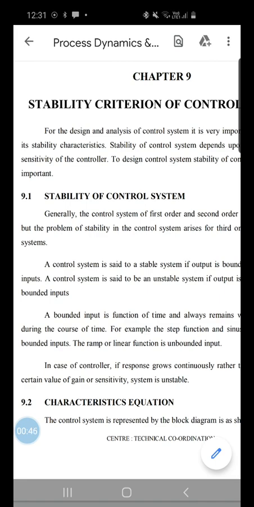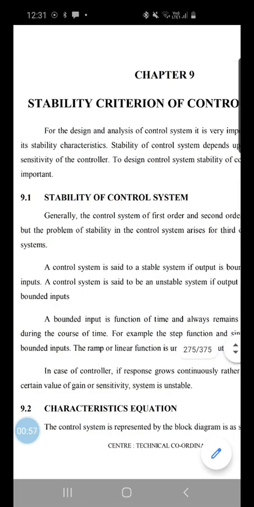Stability is a very important word because for the design and analysis of the control system, it is very important to know about its stability characteristics.